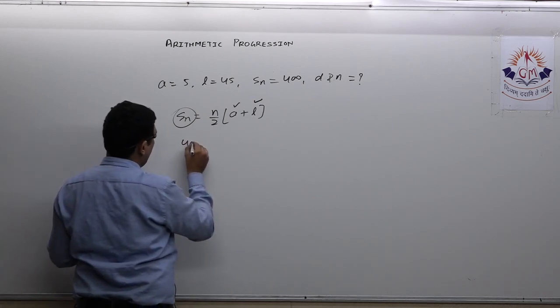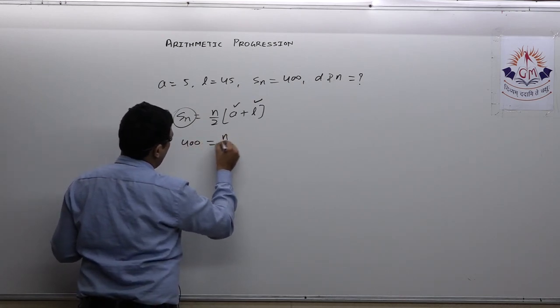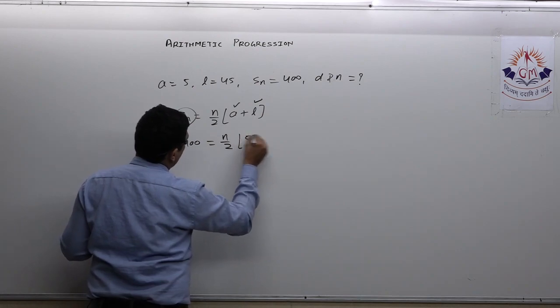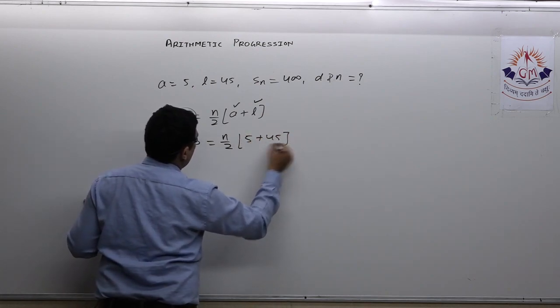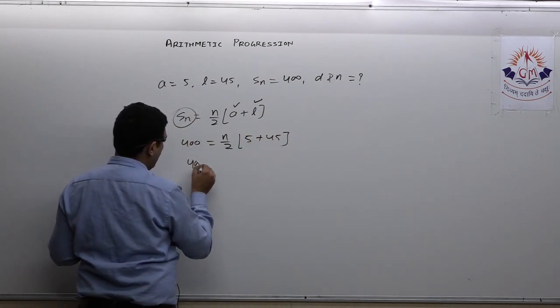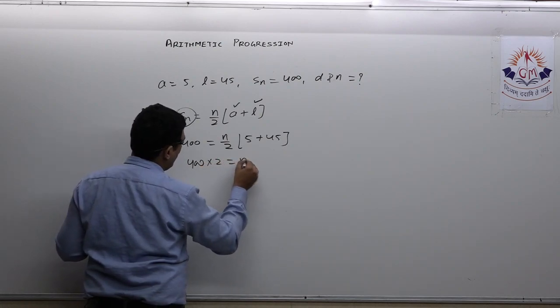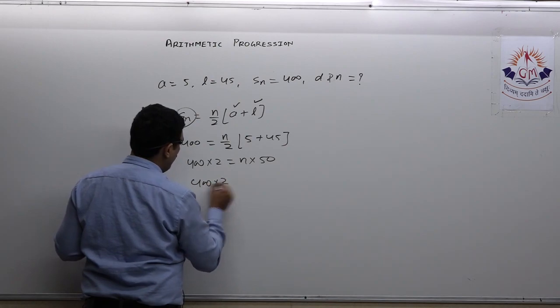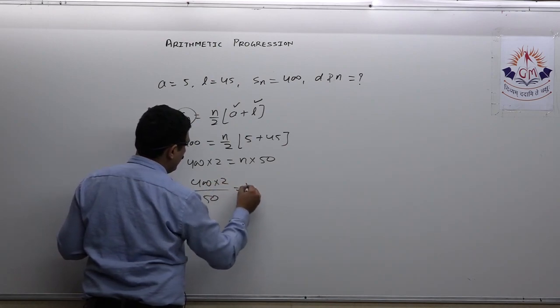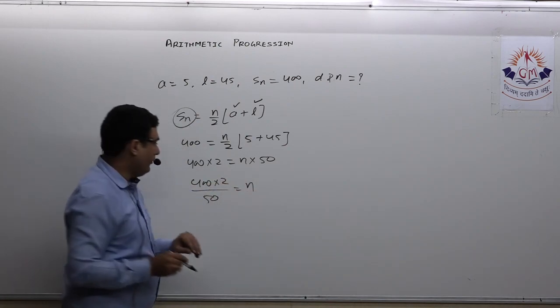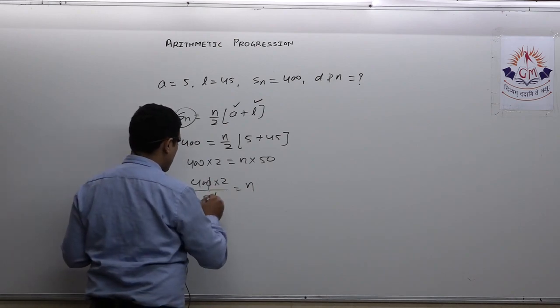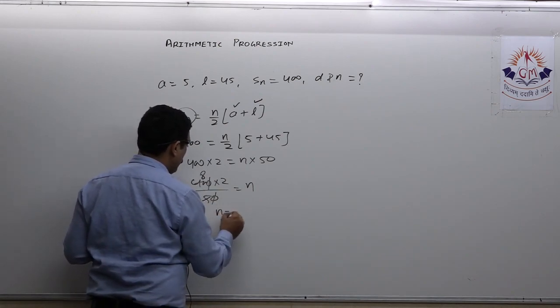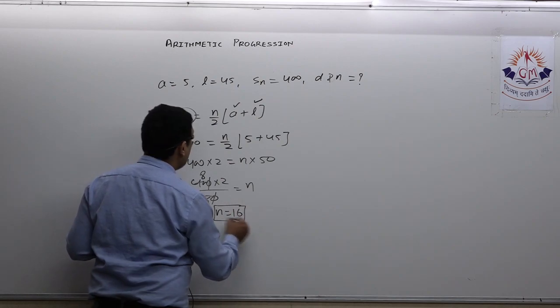Sn equal to 400, n by 2, a is 5, l is 45. So 400 multiplied by 2 is equal to n multiplied by 50. So 400 into 2 upon 50 is equal to n. That gives you the value of n. n is equal to 16.